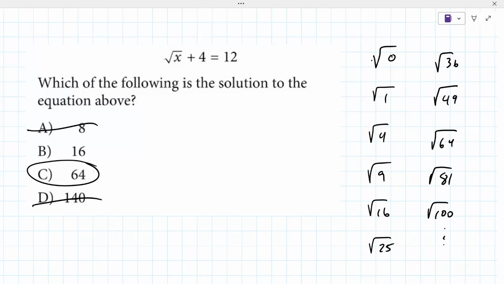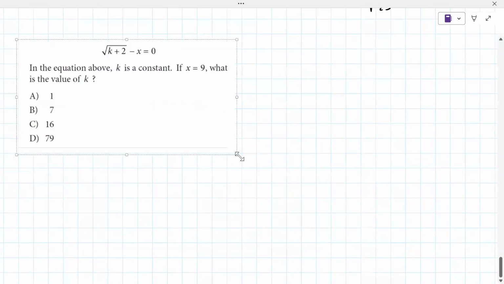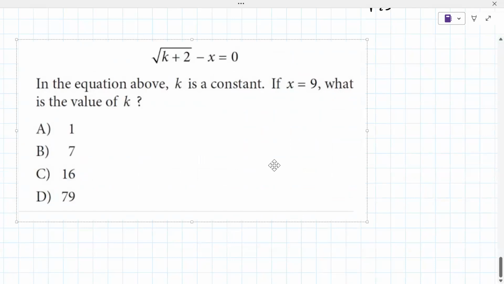So here's a slightly more difficult version of that question. Try to keep in mind what I just mentioned, because it's easy to try answers that just don't make sense. Okay, so let's see.